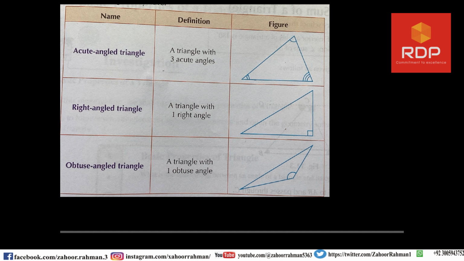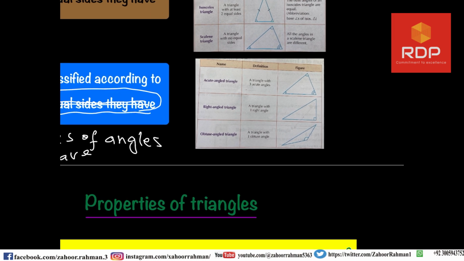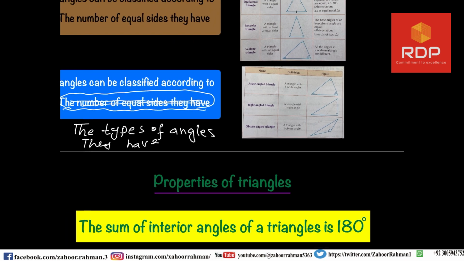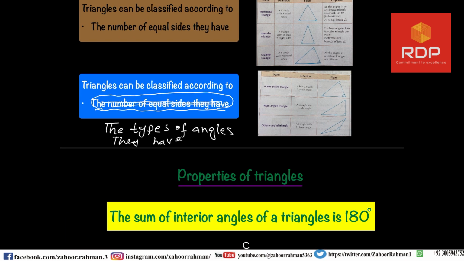So in this case only one angle will be more than 90 degrees, meaning it must have a value between 90 and 180 degrees. That was the very basic concept of triangles.